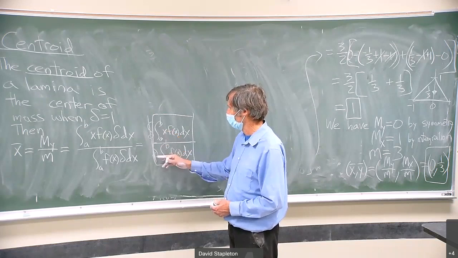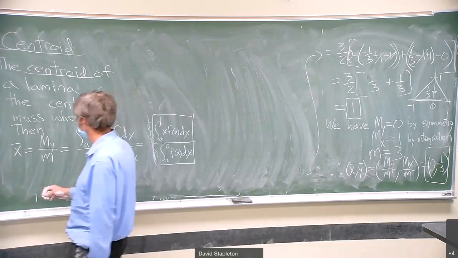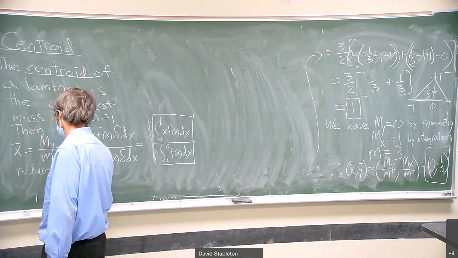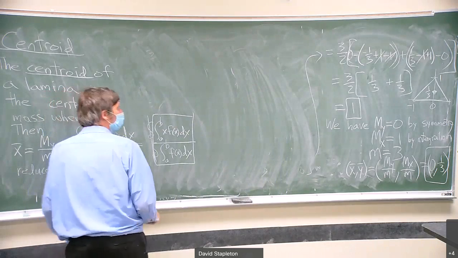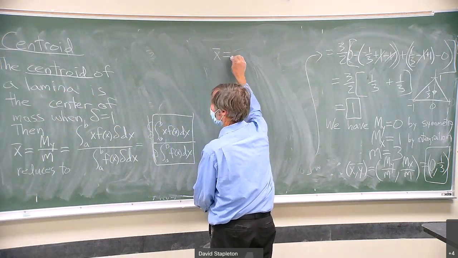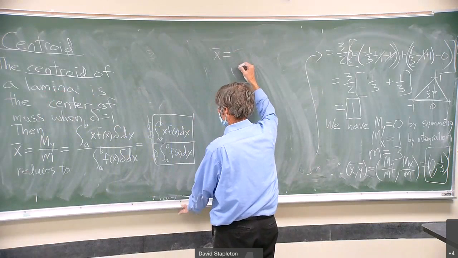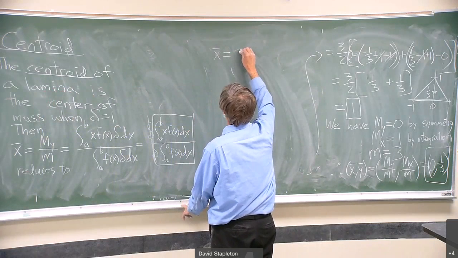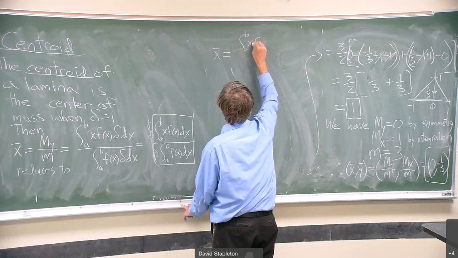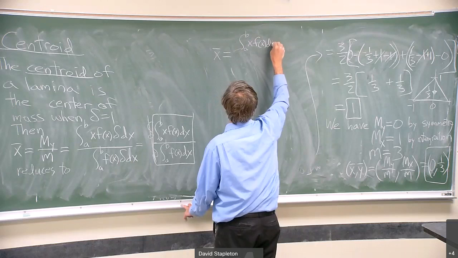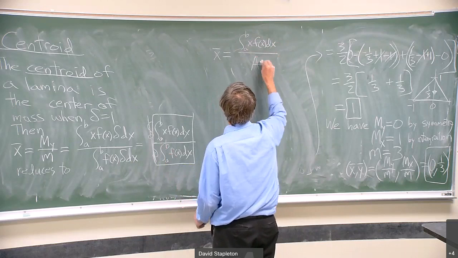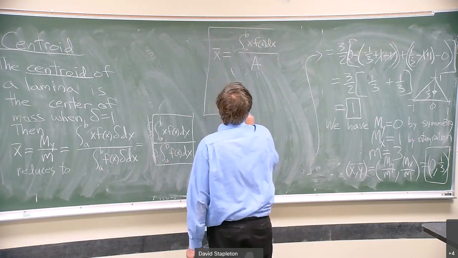So if I cancel the deltas, this one reduces to x bar equals the integral from a to b of x f of x dx, leaving delta out because you took it out and canceled it, over the area of the lamina.